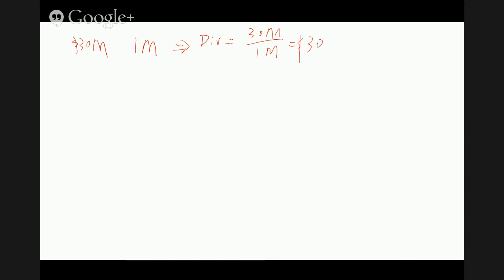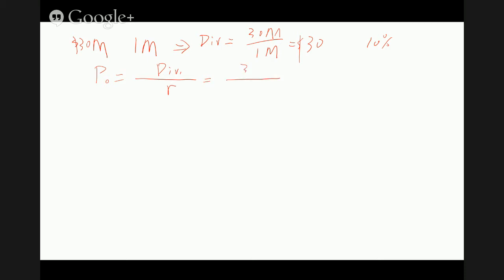And then because the question also tells us the cost of capital is 10%, based on this information, we can calculate the stock price of today. P0 is dividend 1 divided by cost of capital.